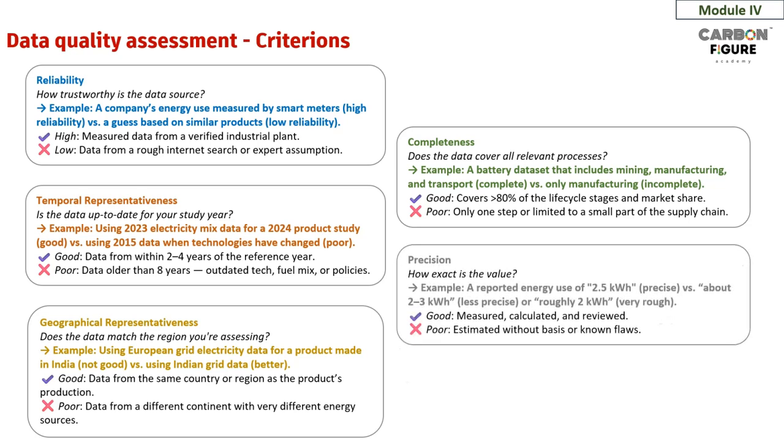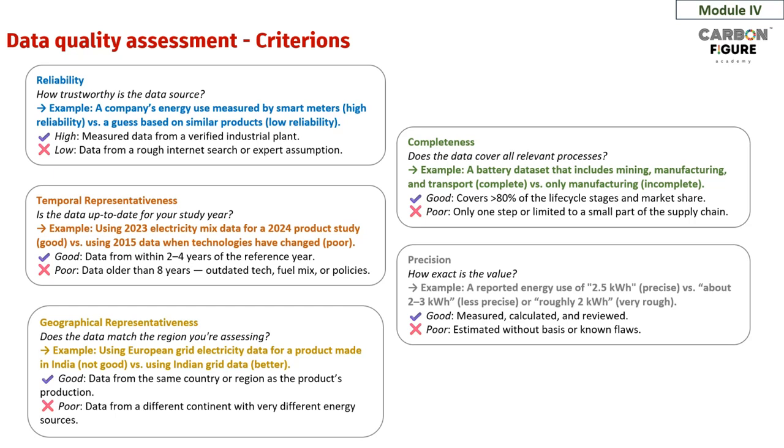So the next criterion is precision. How exact is the value? This again talks about foreground data. For example, a reported energy use, you say it is 2.5 kilowatt hour, very precise, versus if you mention 2 to 3 kilowatt hour. Between 2 and 3, lots of possibilities are there, right? So then it would be very poor precision.